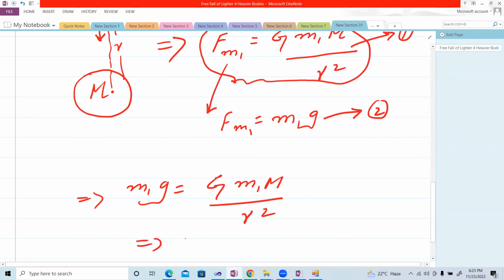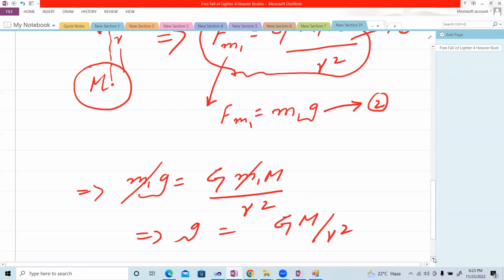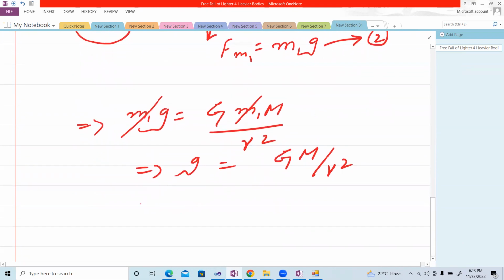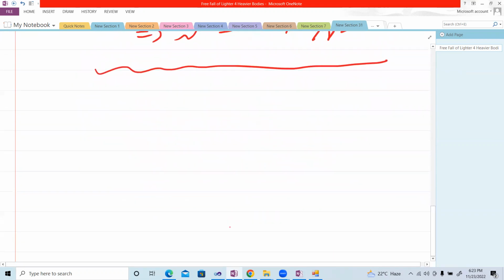So the m1 is cancelled on both sides, so g comes to be G M over r squared, right? Now, for the second body, which is the heavier one, whose mass is m2, right?